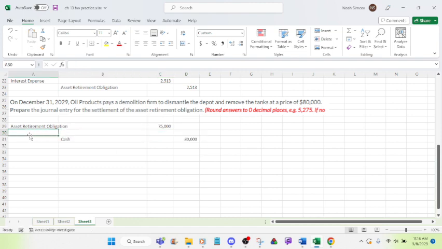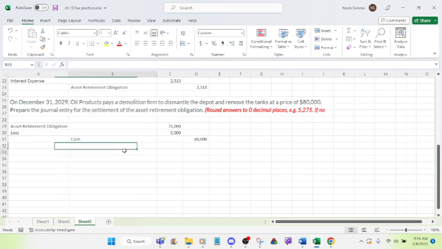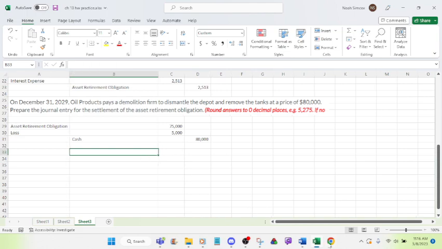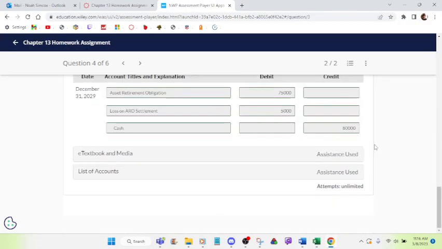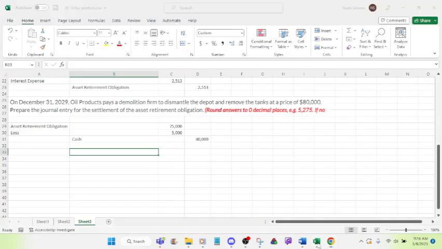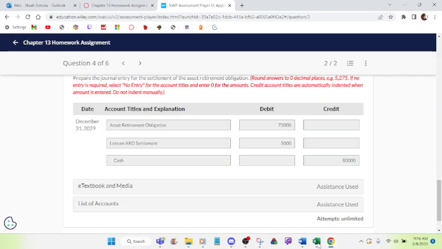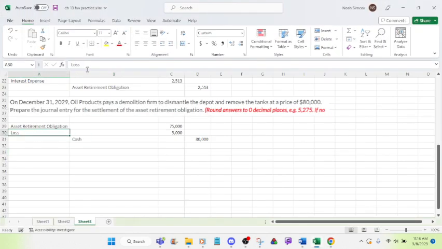Is it some kind of loss? Loss on disposal? Or loss. I'm just going to say loss. So, and then see what their name is. Well, that was easy. Cash. Loss on asset retirement obligation settlement.